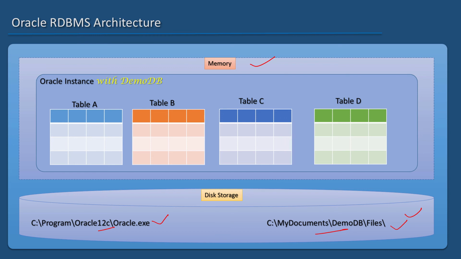When I run the Oracle software, it creates an instance in the memory, just like the empty Microsoft Word instance. Then using this plain Oracle instance, I open a set of database files belonging to a database called DemoDB. Now the database is up and running and is available for use.